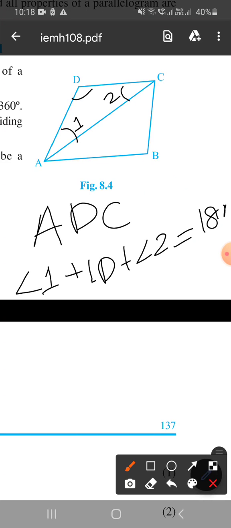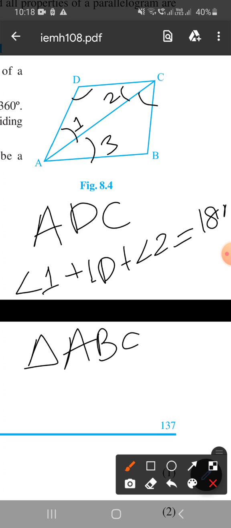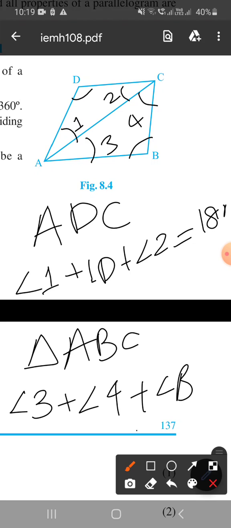And in the same manner, in triangle ABC, let's say this one is angle 3, this one is angle 4, this one is angle B. So angle 3 plus angle 4 plus angle B will be equal to 180 degrees.